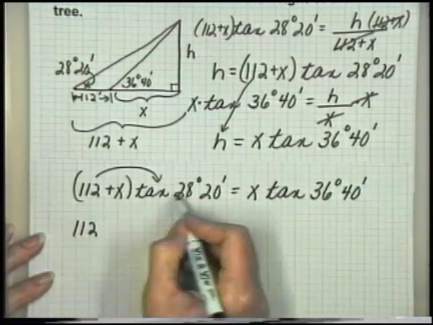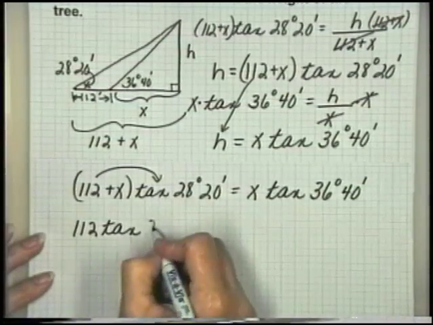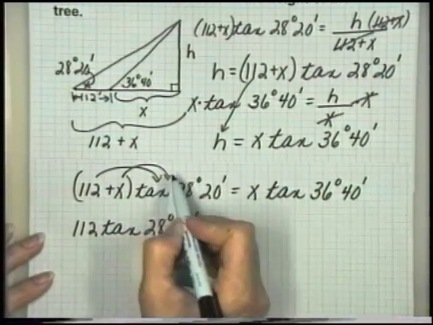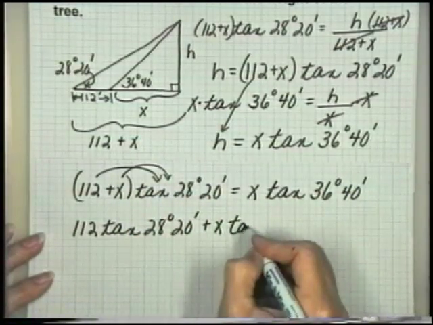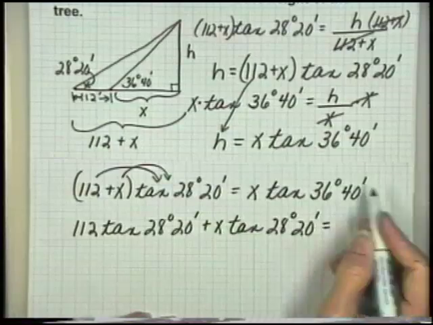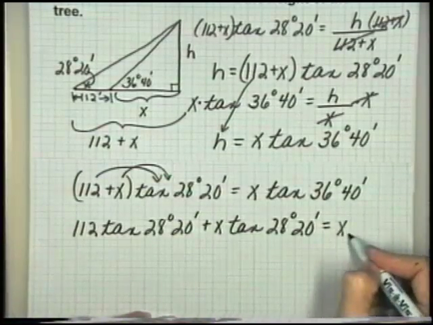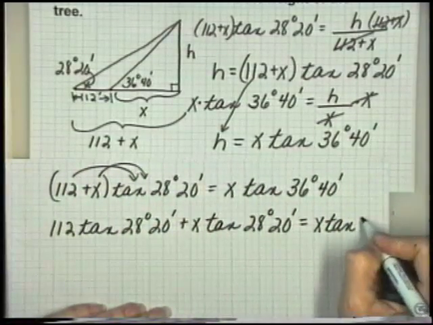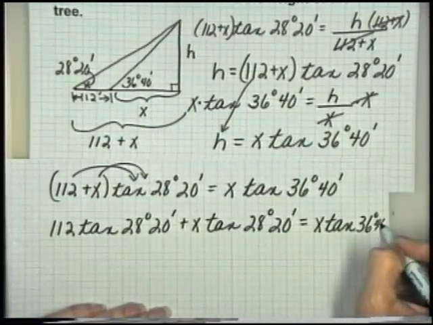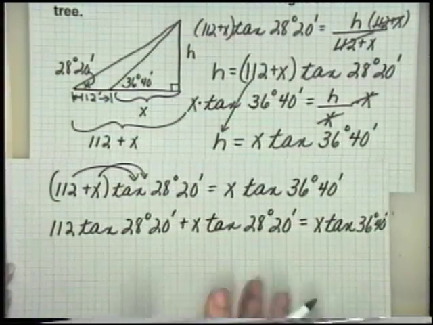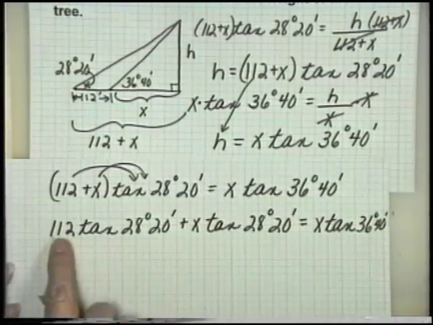So remember, we'll say 112 times the tangent of 28 degrees, 20 minutes, plus, and then we'll say x times the tangent of 28 degrees, 20 minutes, equals, and on the other side, we'll have x times the tangent of 36 degrees, 40 minutes. Now we want both of the x terms on the same side of the equation.